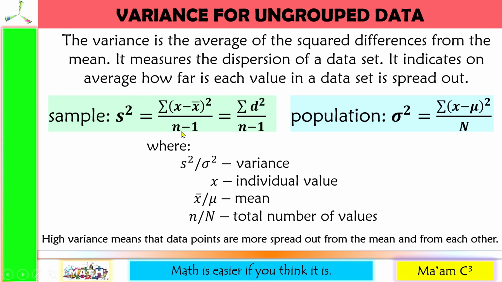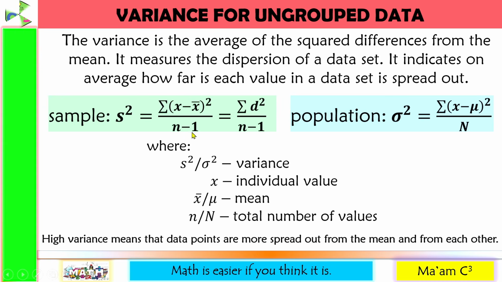Now, take a look at the denominator. You might ask why in a sample we have n minus 1, while in a population we only have n. When you have population data, you can get an exact value for the variance. But when you use sample data, your sample standard deviation is always used as an estimate of the population standard deviation.